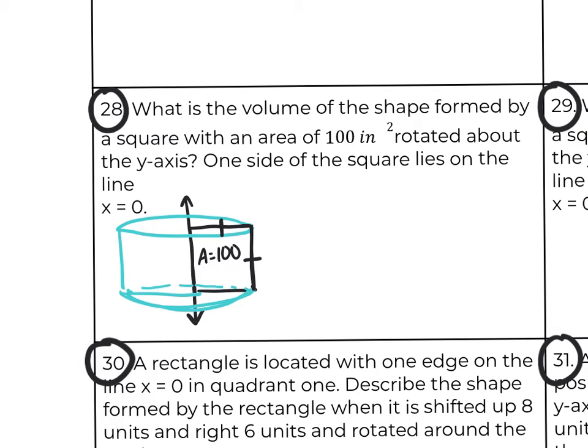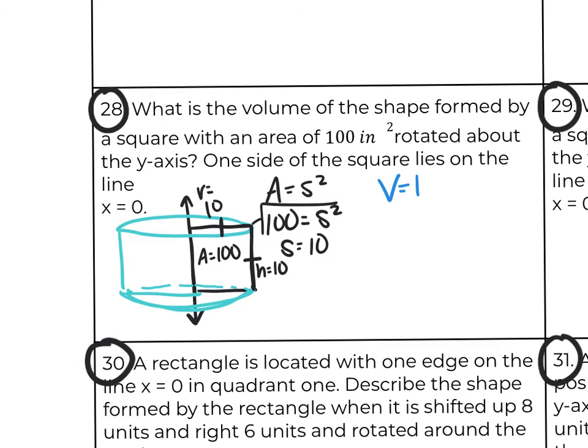So the easiest way to do this is think what number times itself equals 100, because we know they have to be equal. You can also do that the area is a side squared, so 100 equals s squared. So the square root, meaning one side, is 10. So r equals 10, and h also equals 10. Now we can use that to find the volume.